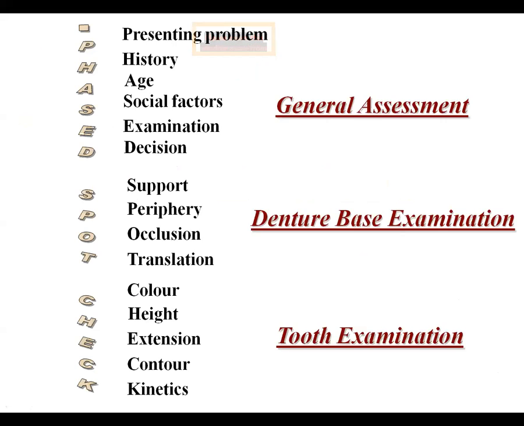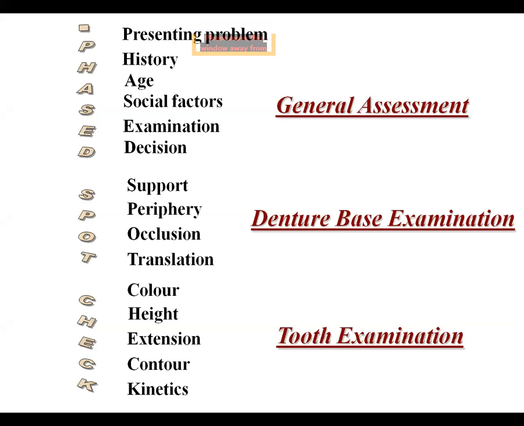Again I repeat, we are dealing with post-operative problems: how to treat after insertion. In that, we are dealing with denture assessment. First, we have to do denture assessment, and in denture assessment again we have to consider 3 major factors: general assessment, denture-based examination, and tooth examination.